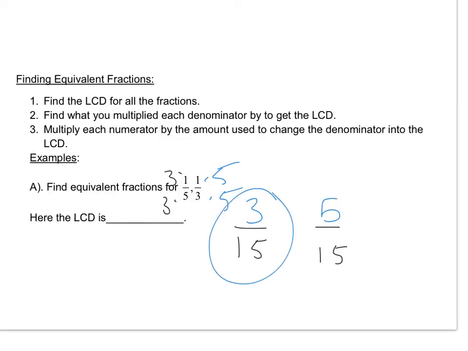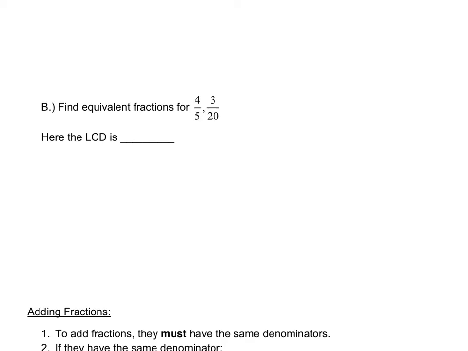This is an equivalent fraction to this one, and this one is an equivalent fraction to this one. Okay? Let's take a look at the next page. So find equivalent fractions for 4/5 and 3/20. Well, 20. So that one's going to stay the same, and then this one you got to multiply by 4, you get 16/20.